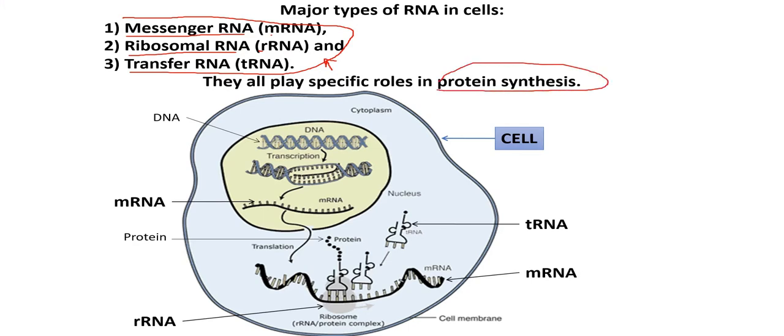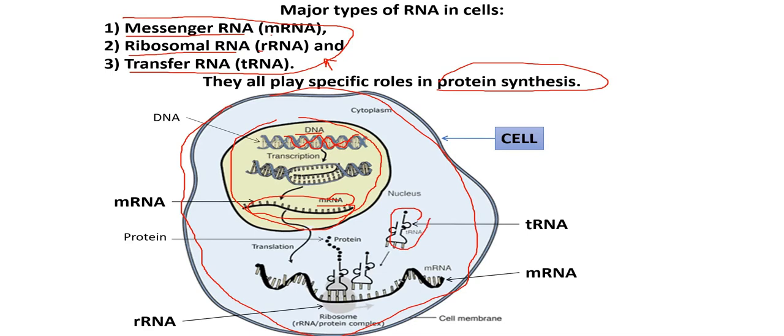So each cell, like here showing one cell, this is the cellular membrane, the nucleus which holds the DNA double helix molecule. And we have messenger RNA here, for example. We have transfer RNA here. This is again messenger RNA here.